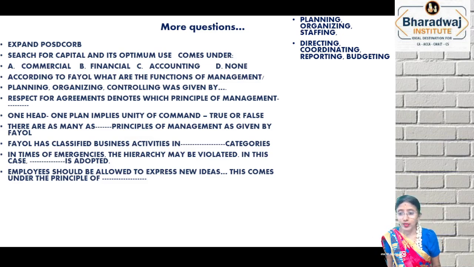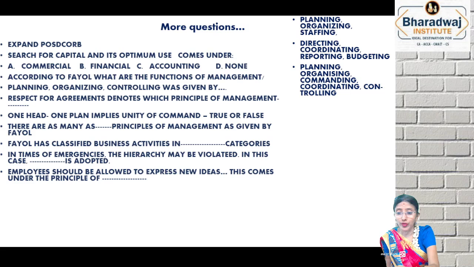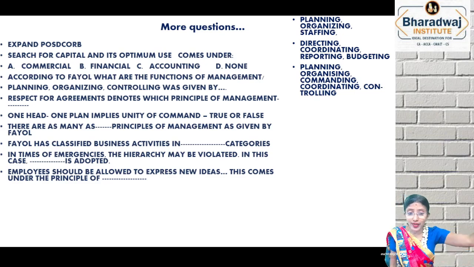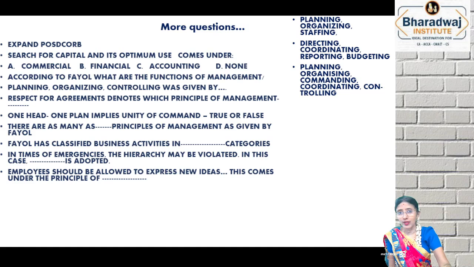Okay, now look at the third one. Did you all find out the answer? Search for capital and its optimum use comes under which business activity as classified by Fayol? Financial. Before that, according to Fayol, what are the functions of management? Planning, organizing, commanding, coordinating, and controlling.